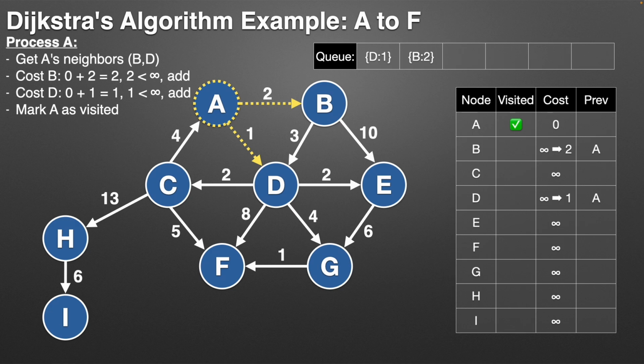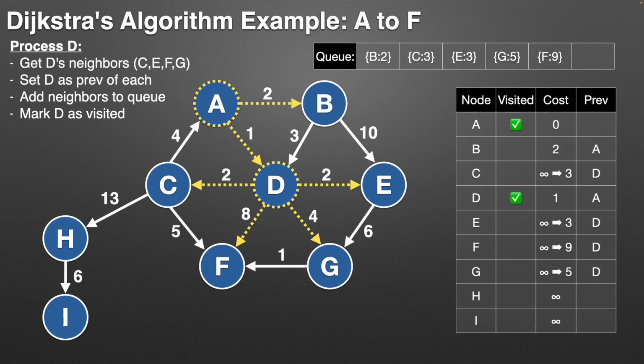We set the previous node for those to A, since that's where we're coming from. And then we insert D and B into our priority queue. That is the full thing we need to do to process a node. At that point, we can mark A as visited, and we can move on to the next item in the priority queue, which in this case is D.